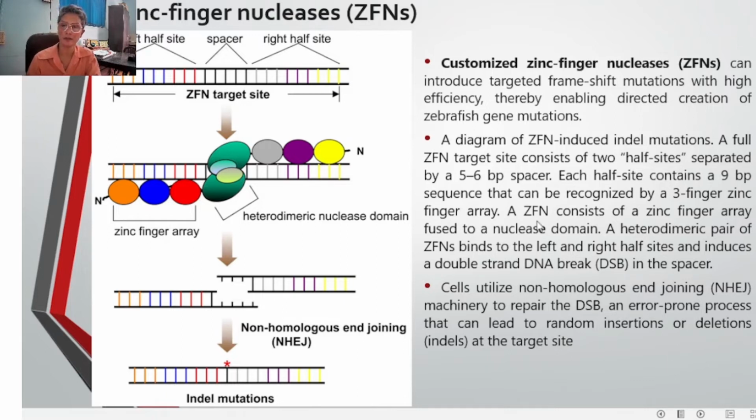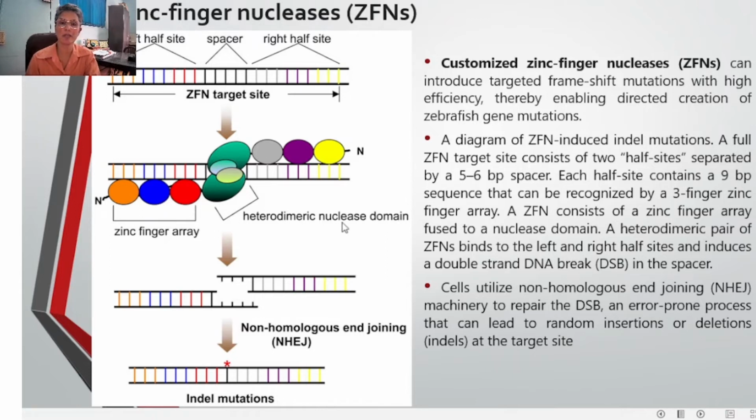This ZFN consists of a zinc finger array fused to a nuclease domain. A heterodimeric pair of ZFNs binds to the left and right half sides and induces a double-stranded DNA break.